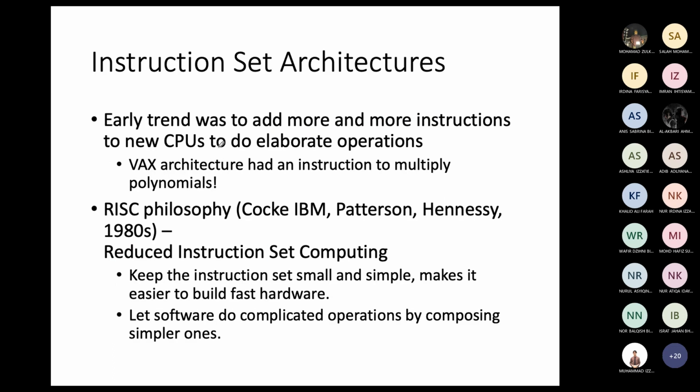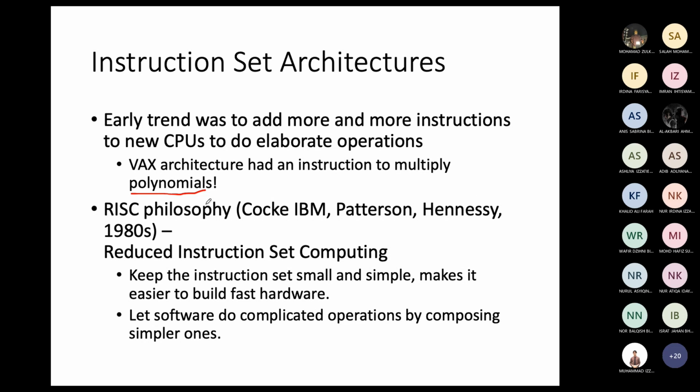In the early trends, they proposed to add more and more instructions to new CPUs to do elaborate operations. In fact, one of the architectures called VAX had an instruction to multiply polynomials. We know that polynomial multiplication is a very complicated instruction.